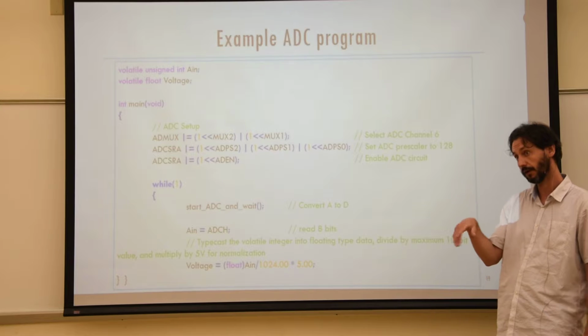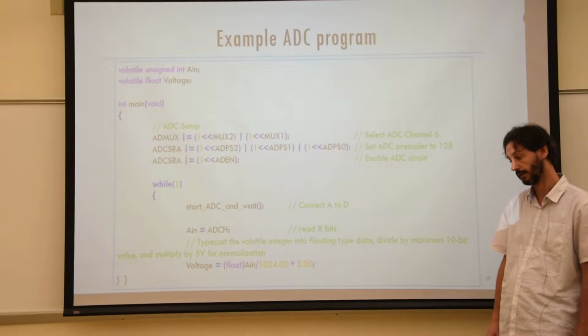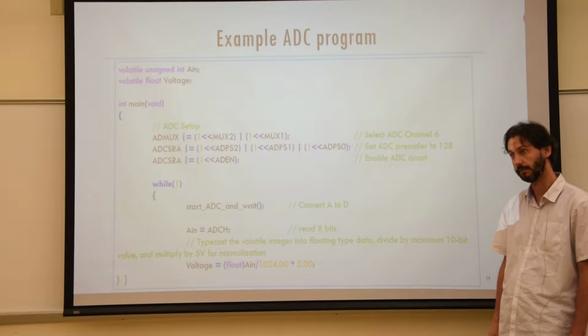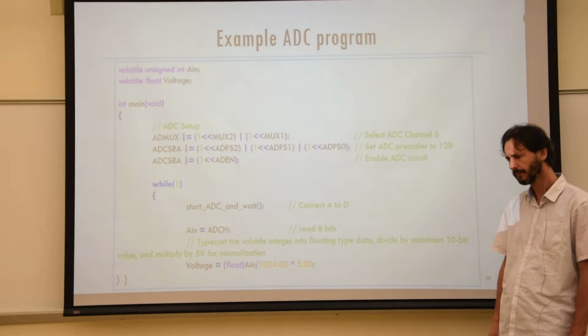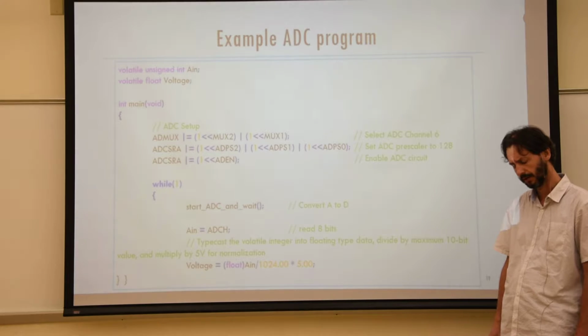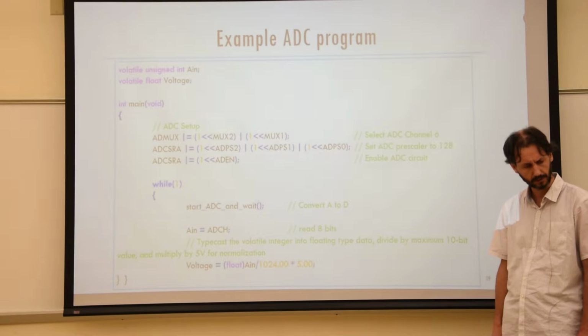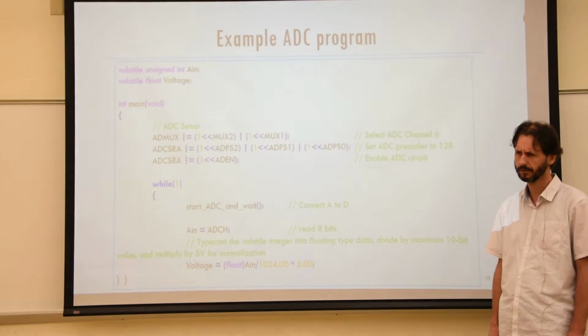So in that file you also see some slides about the sensors, so how to work with those, and there's one slide on, what is that called again? PID control.